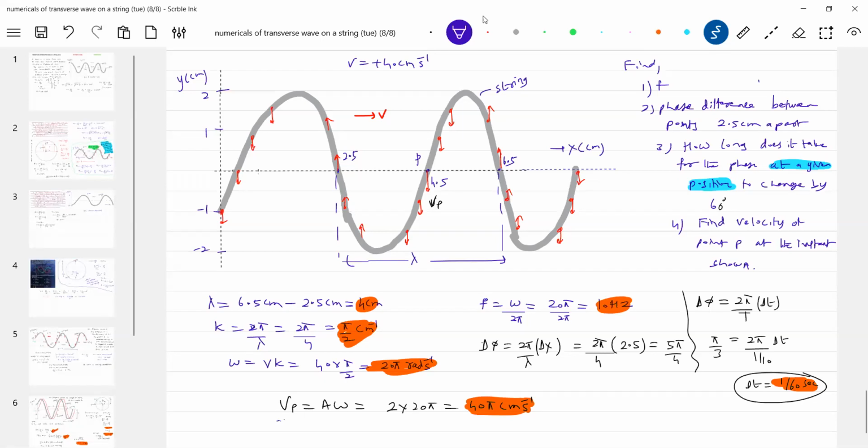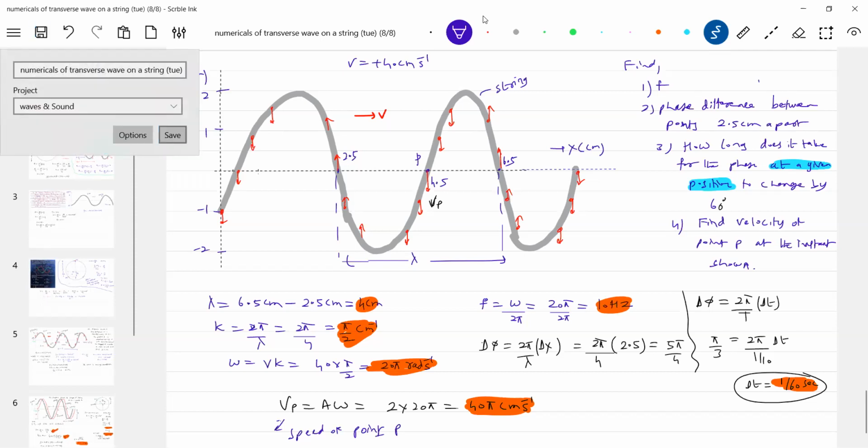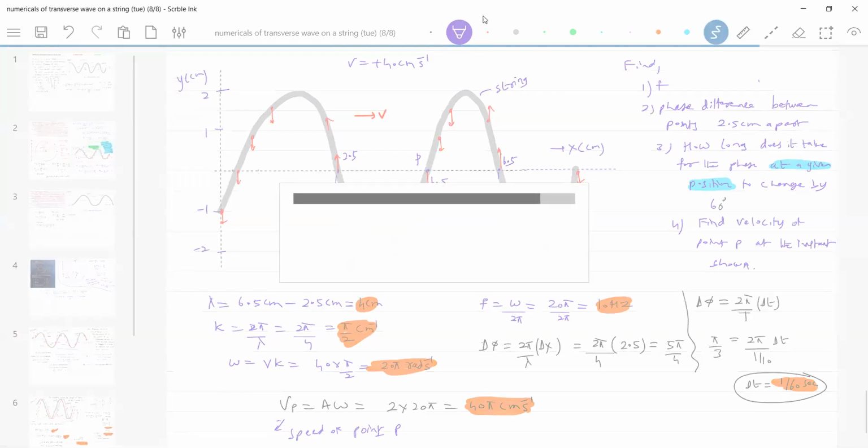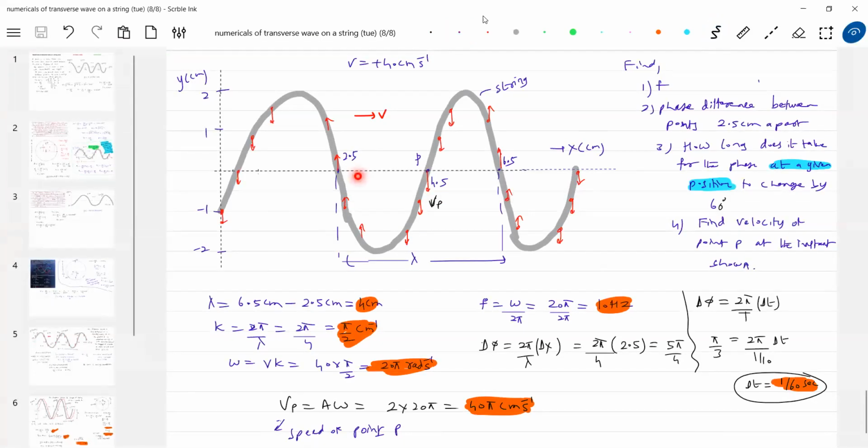In books, they just say medium. For our understanding purpose, we call that medium a rope or a string because this will help us a lot. Otherwise, with medium you will start trying to imagine. Need not.